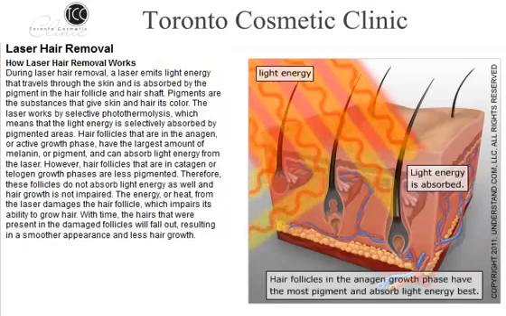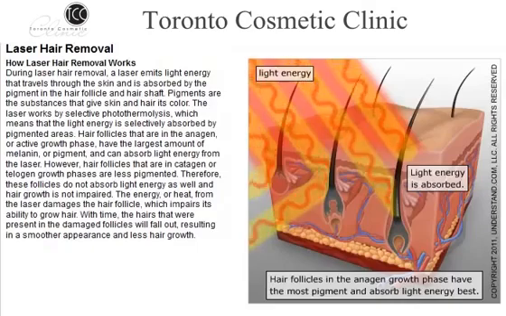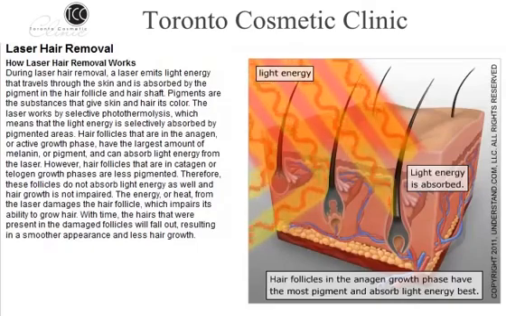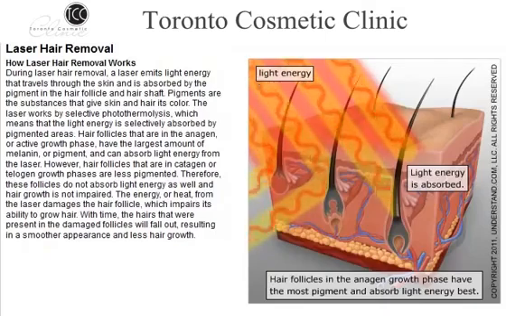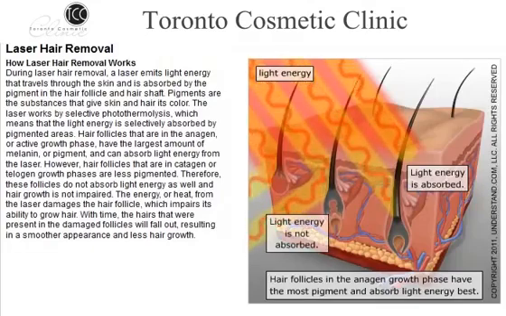Hair follicles that are in the anagen or active growth phase have the largest amount of melanin or pigment and can absorb light energy from the laser. However, hair follicles that are in catagen or telogen growth phases are less pigmented. Therefore, these follicles do not absorb light energy as well, and hair growth is not impaired.